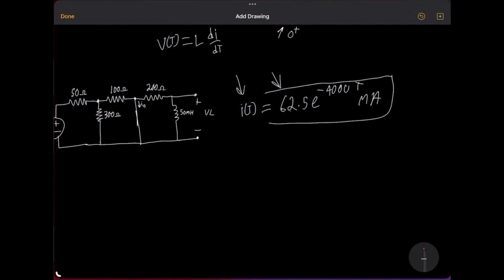It's going to be negative 4,000 times 62.5. So we're going to have negative 250,000. That's going to be multiplied by the inductance, which is 0.05.